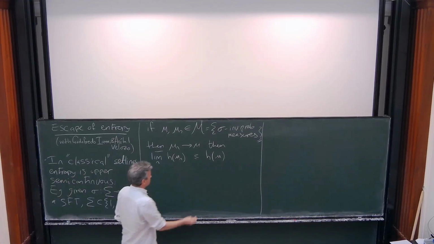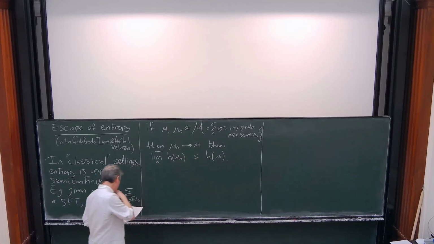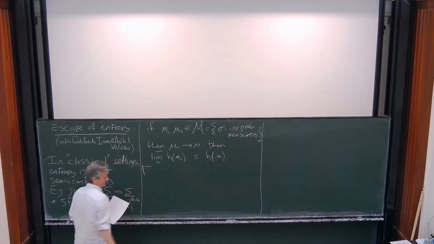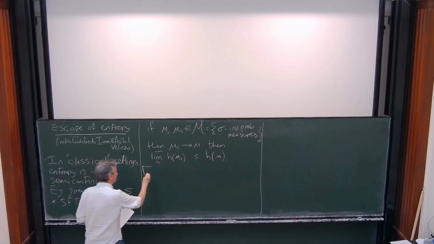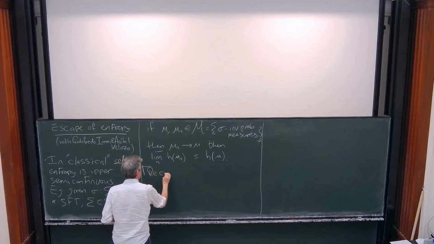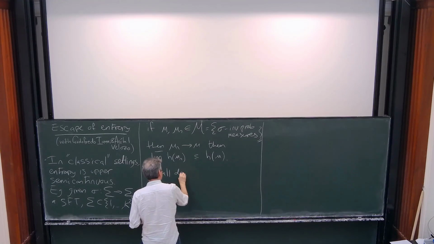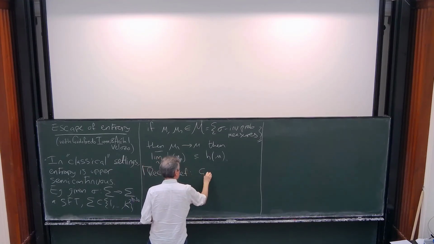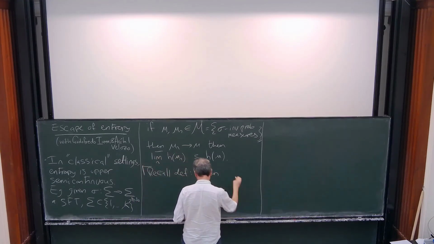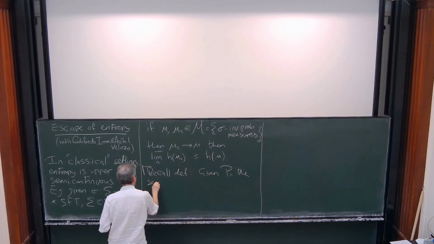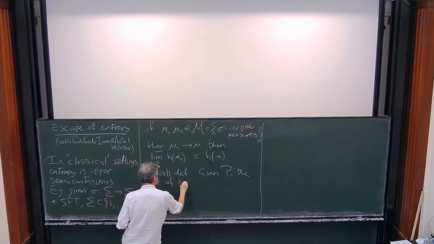I imagine this is quite familiar to a lot of people, but let me just recall the definition of some of these things to set up notation, and for anyone who's not familiar. Recall the definition. Given P n, the set of n cylinders.